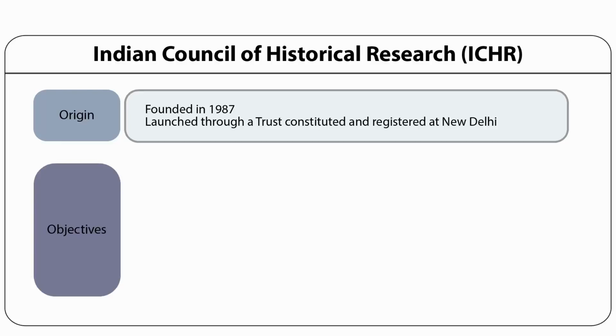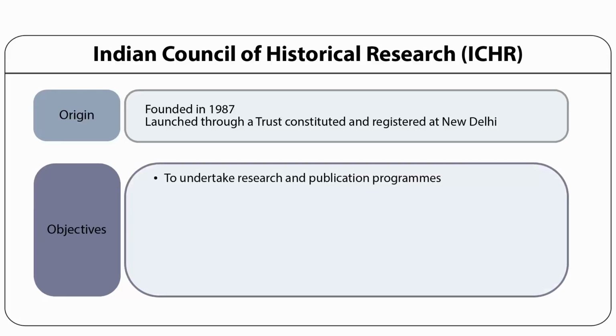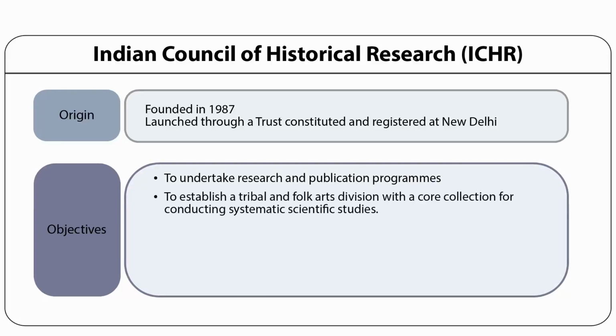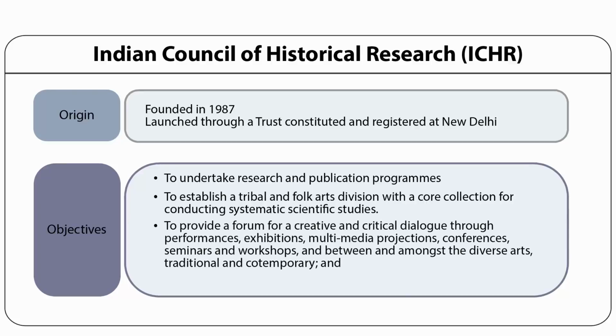The main objectives of IGNCA are to serve as a major resource center for the arts, to undertake research and publication programs, to establish a tribal and folk arts division with a core collection of conducting systematic scientific studies, to provide a forum for a creative and critical dialogue through performances, exhibitions, multimedia projections, conferences, seminars, and workshops, and between and amongst the diverse arts, traditional and contemporary, and to promote a network with national and international institutions.